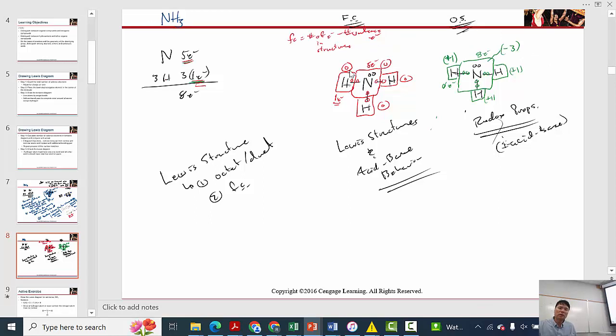In this one? Yeah. No, it's 5. 1, 2, 3, 4, 5. Oxidation state is equal to the number of electrons in the structure minus the number of valence electrons. Exact same equation, but a different number.